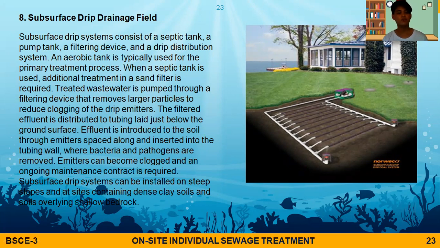Treated wastewater is pumped through a filtering device that removes larger particles to reduce clogging of the drip emitters. The filtered effluent is distributed to tubing just below the ground surface. Subsurface drip systems can be installed on steep slopes and at sites containing dense clay soil and soils overlying shallow bedrock.